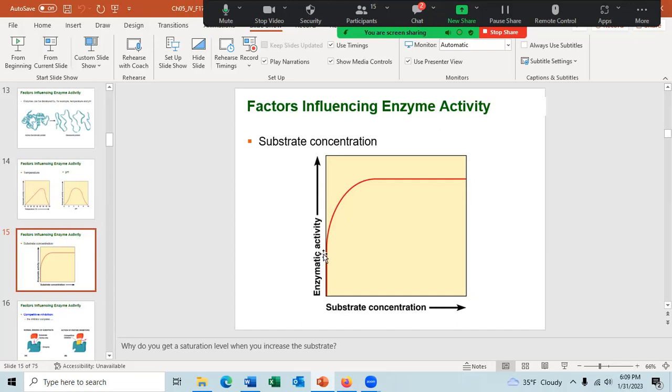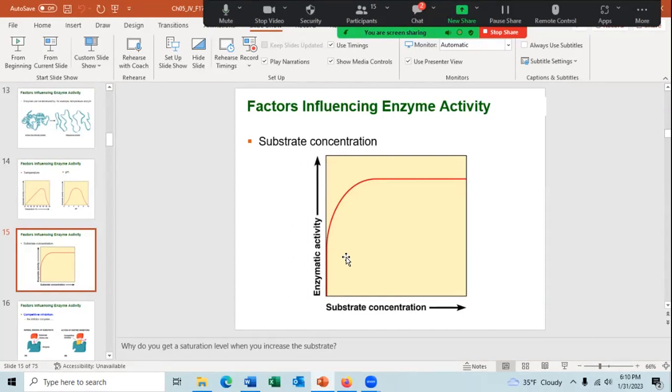Well, let's say we have 10 enzymes in the test tube, and 5 of those enzymes are bound to substrate. Well, if we increase the substrate concentration, we will increase the enzymatic activity because now more than 5 enzymes will bind to the substrate.